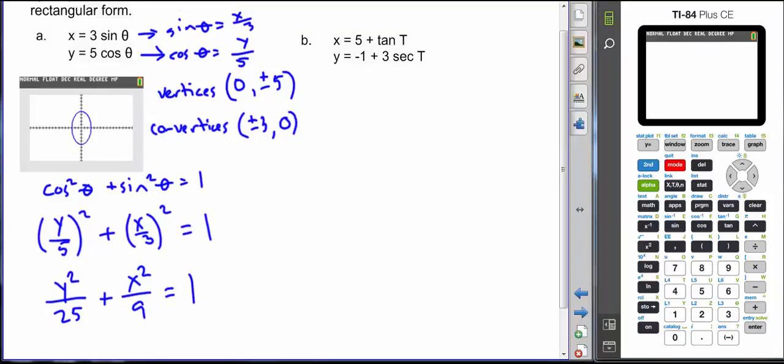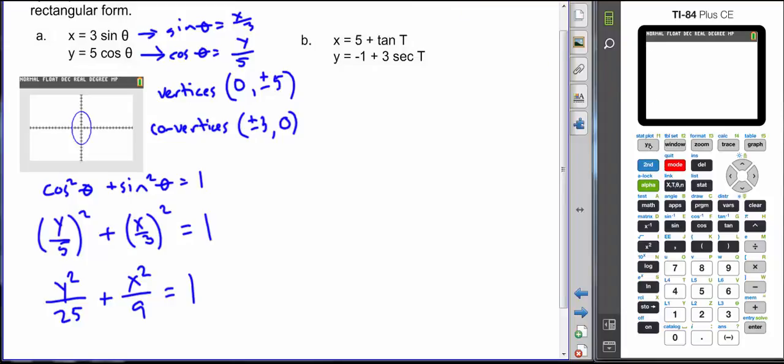You'll notice that equation looks a whole lot like the equation of an ellipse that has a center at the origin. Although we usually do the x term then the y term, the order's not that important. But x squared over 9 plus y squared over 25 would give us an ellipse with center at the origin and all the information you see here. So it matches what we've seen before.